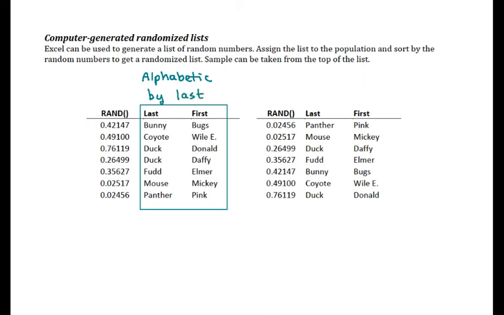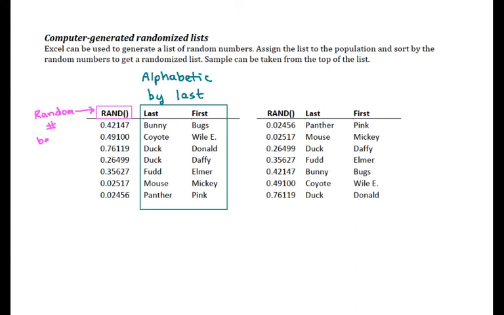There's a function in Excel called RAND, and you're not expected to do this in this course. I'm just telling you in case you're curious. This function RAND, with no arguments in its parentheses, generates a random number between 0 and 1.